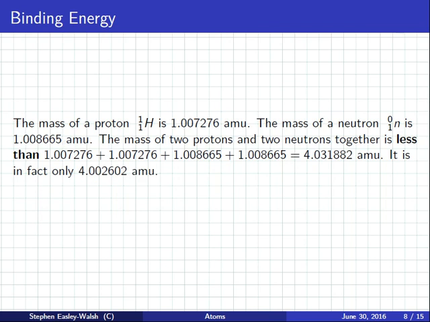This is quite strange, because think about it. You have 2 protons, 2 neutrons. When they're separate, they have a mass of 4.03 AMU. But then when you stick them together, they have a mass of 4.002. With some energy.